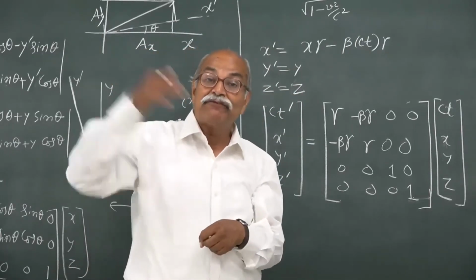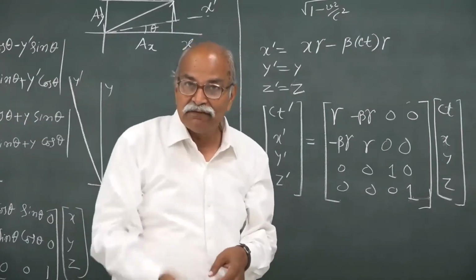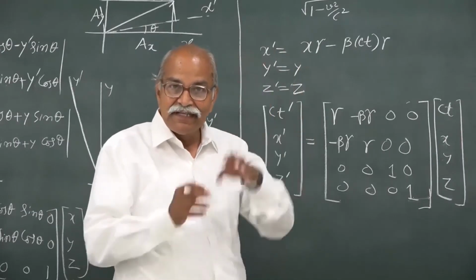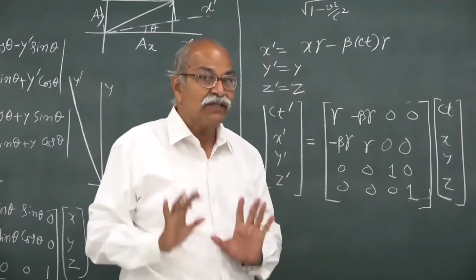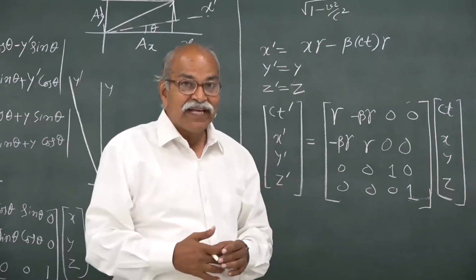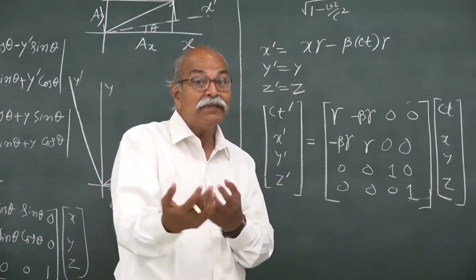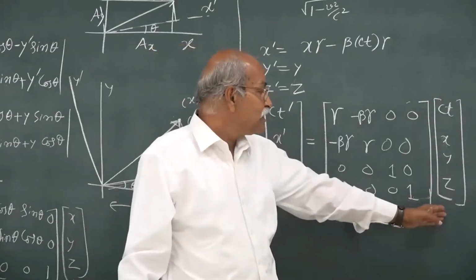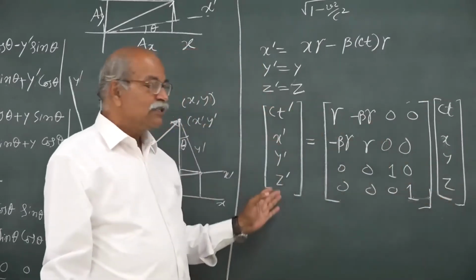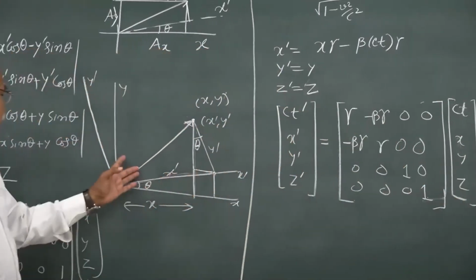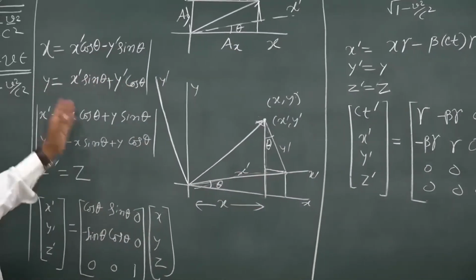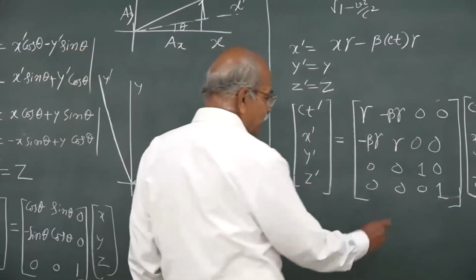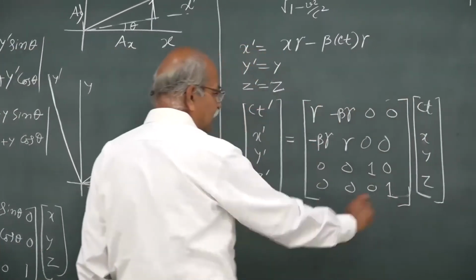When you go to the S prime frame, which is moving with a velocity v with respect to S in the positive x direction, as we had defined, t is 0, t prime is 0 when origins cross, you are changing the frame. When you change the frame, the components get changed, and the new components are obtained from the old components. They get mixed up to give you the new coordinates, and this matrix is the transformation equation.